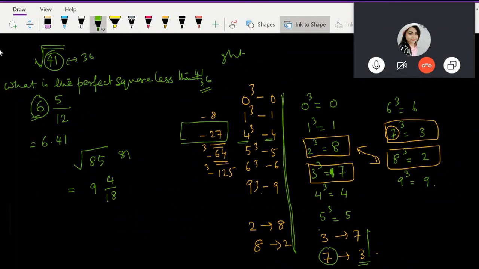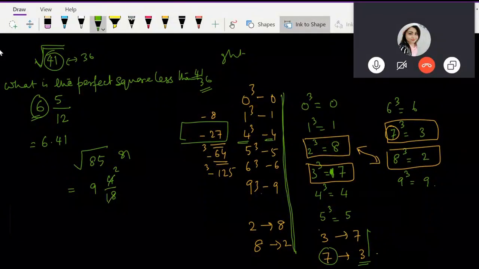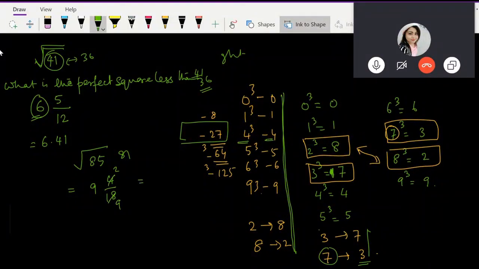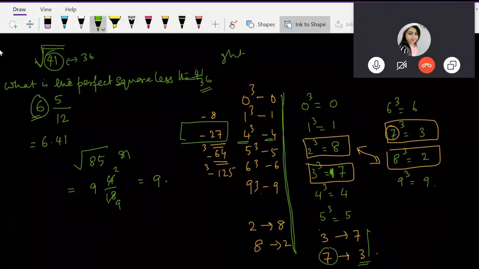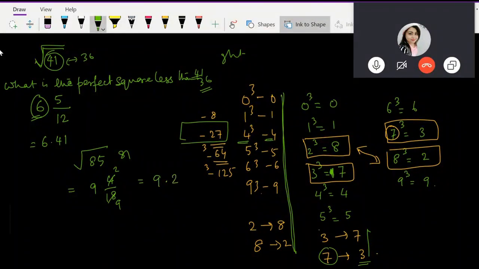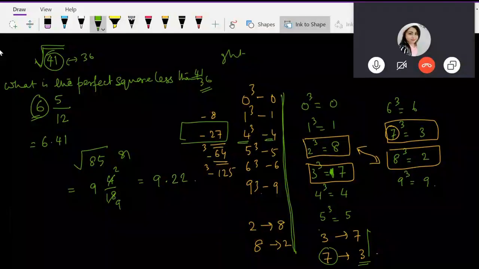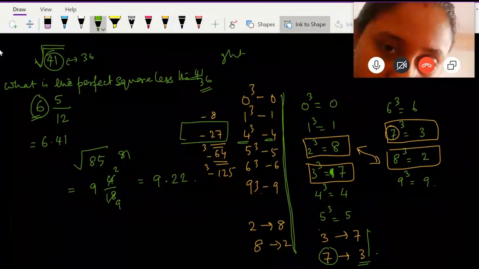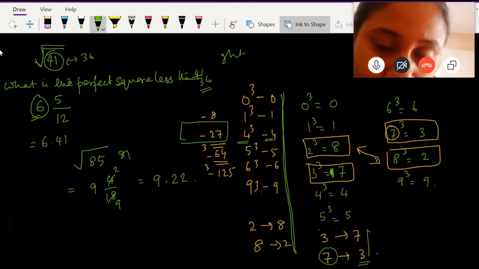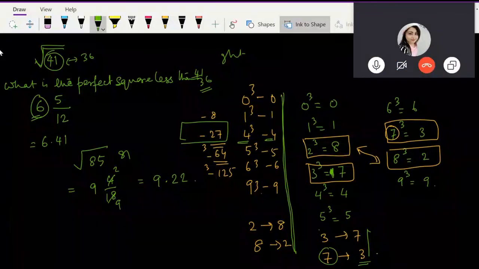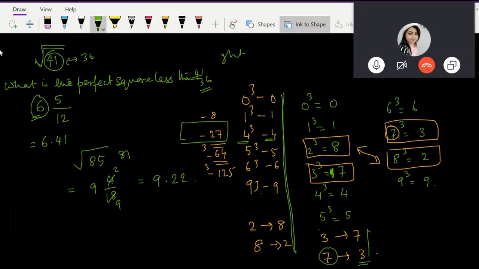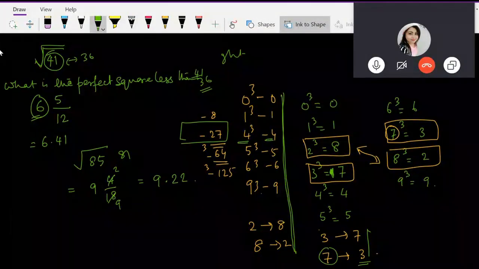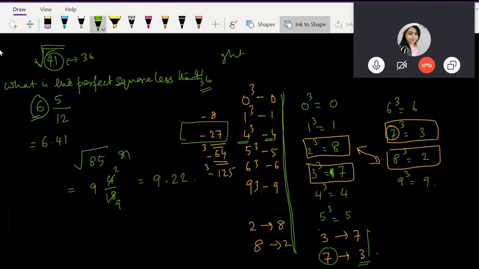We can simplify this, 2 by 9. So 9.2. 2 by 9 is 0.2. Okay. Clear? Thank you, sir.